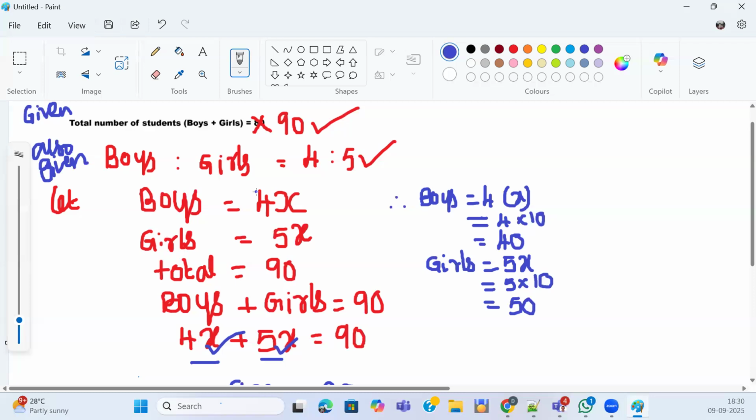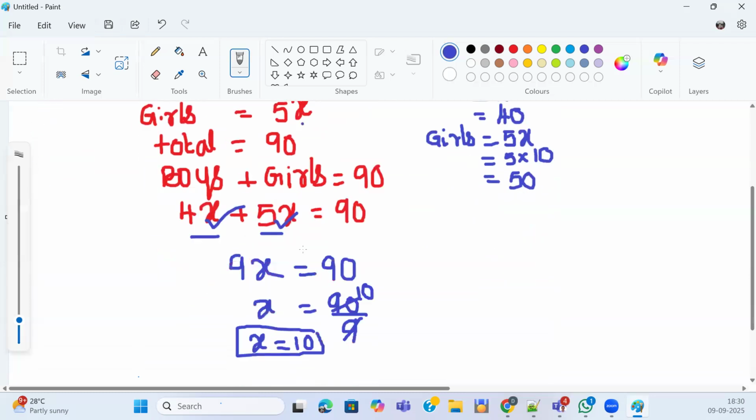Next line. Let the number of boys equal to 4x. Number of boys equal to 4x, and girls equal to 5x.